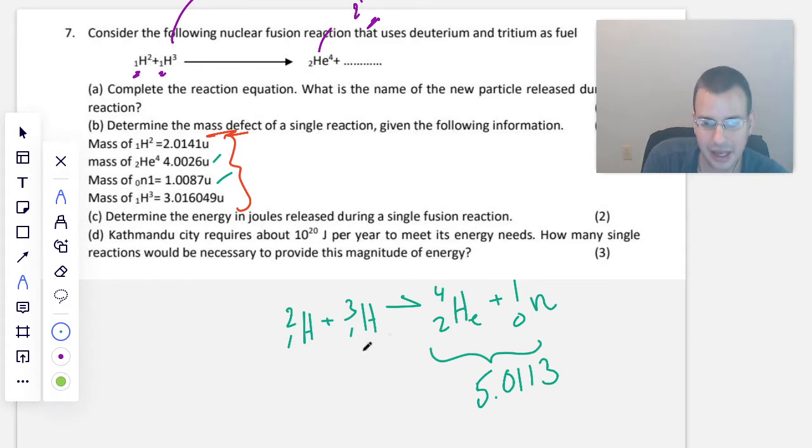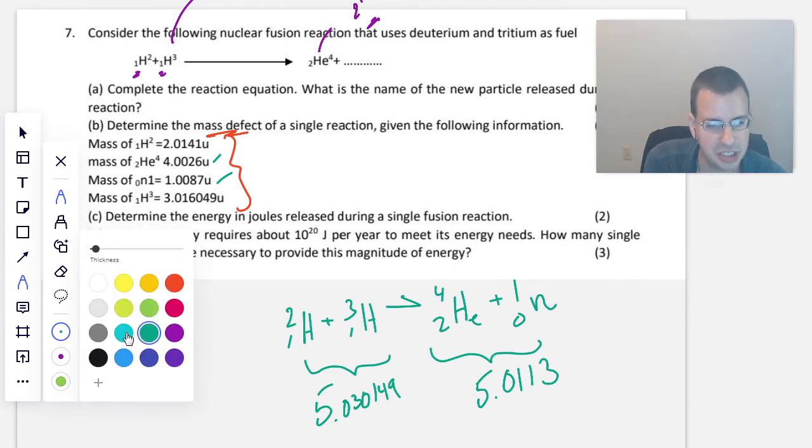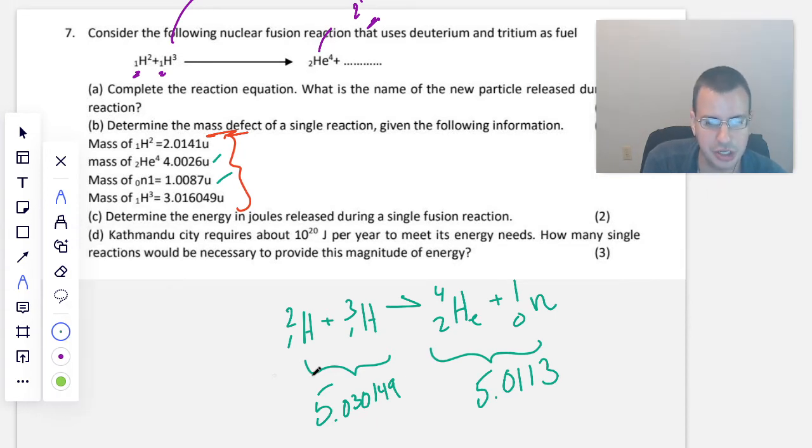And then when we add these together, we get 5.030149. And sig figs, these are kind of challenging because usually what I do is I just take as many digits as I have available.